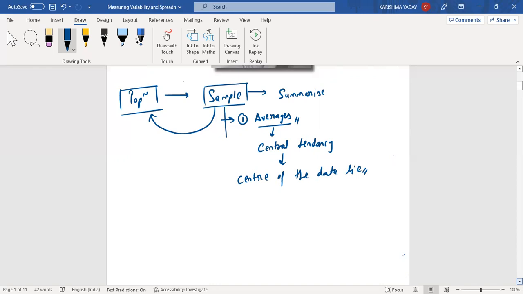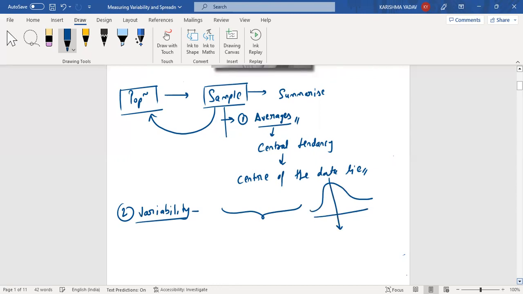Now there is another term, which is variability. It says how far apart these points lie. It is like this: this is the center of the distribution, and averages give us this particular value, and how far apart the points lie is variability.